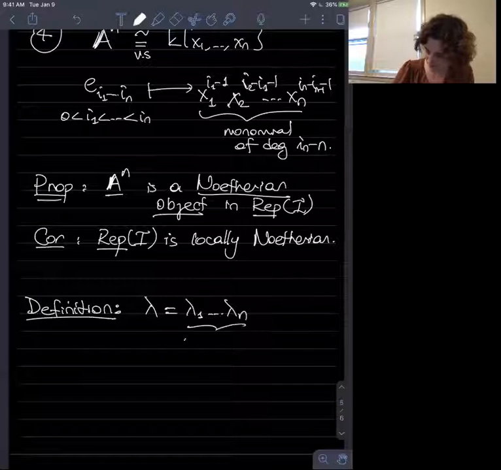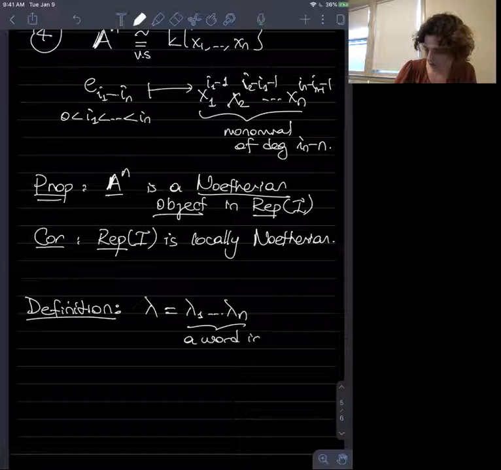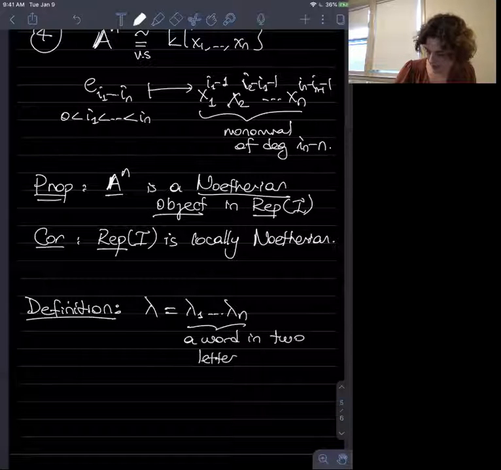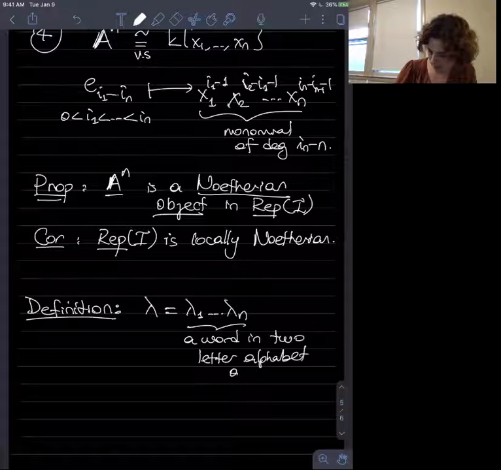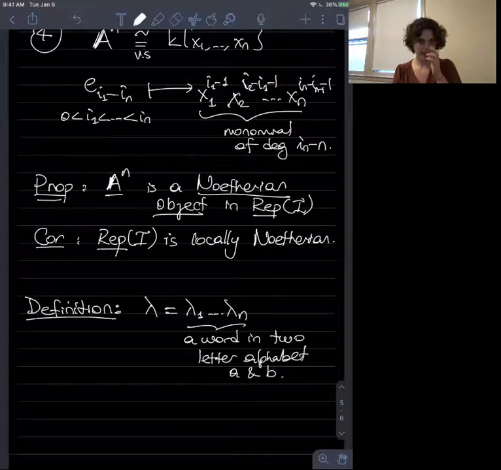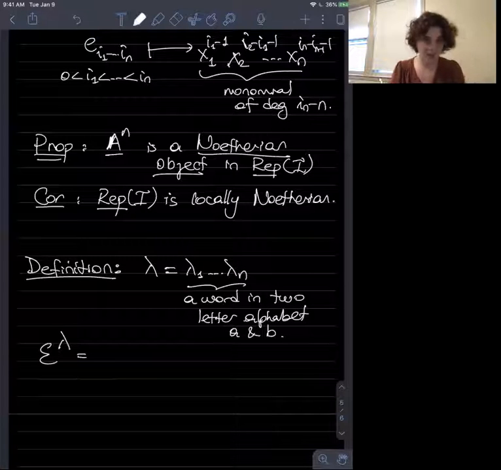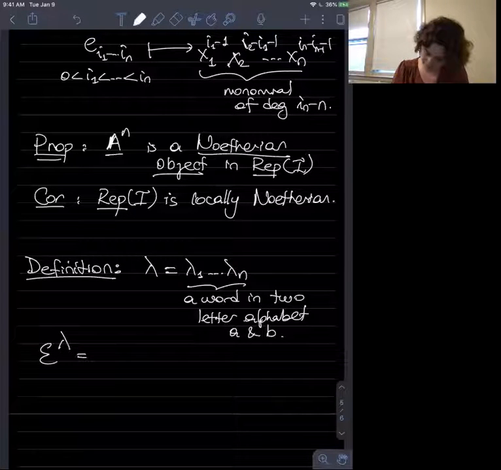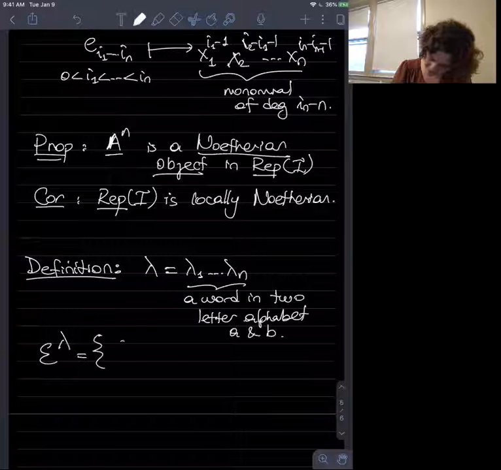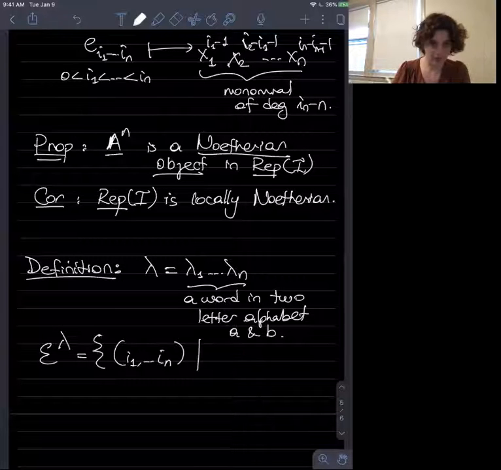This is a word in a 2-letter alphabet, A and B, and we can talk about the index set associated with this word. The index set is defined as follows.